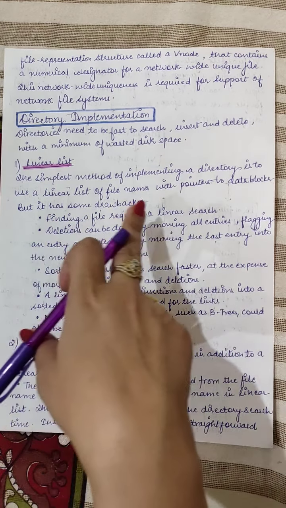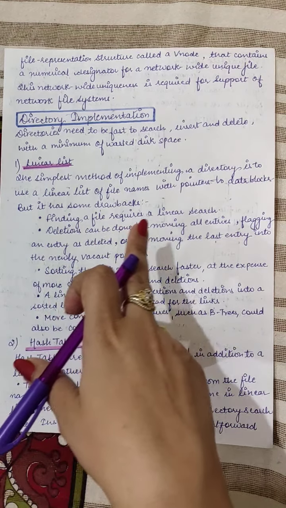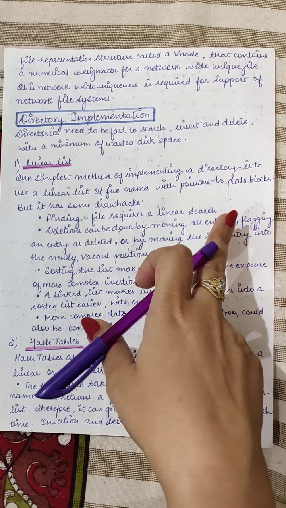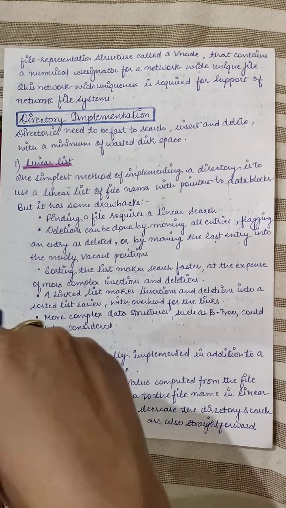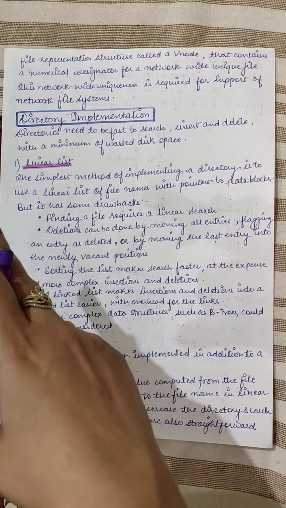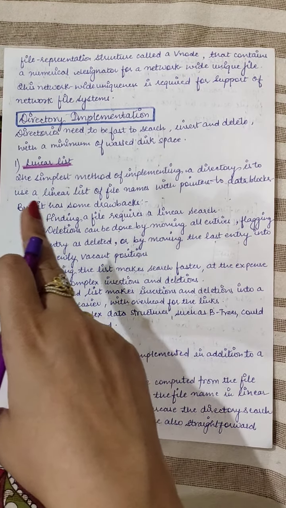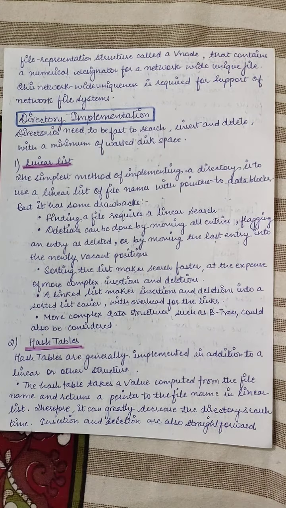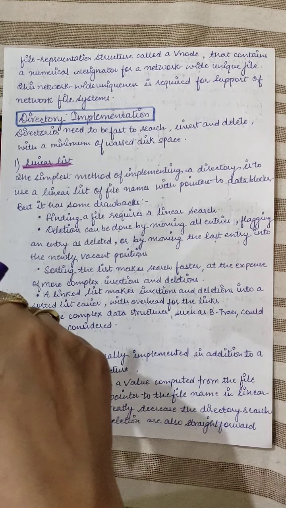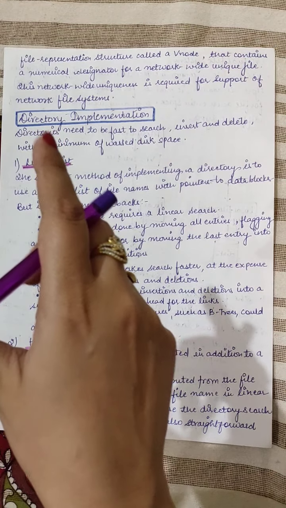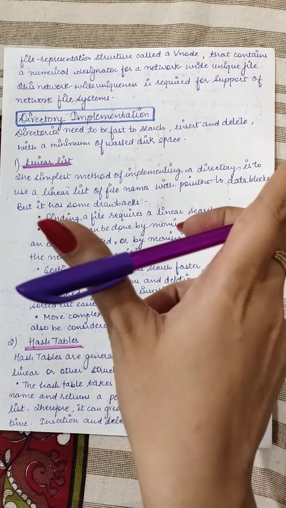Okay, but there are some drawbacks also. Finding a file requires a linear search. Suppose there are 100 file names and you want to search for a given file name. You will compare that file name with the first file name. If it is the right one, then you can access the data block from the disk.